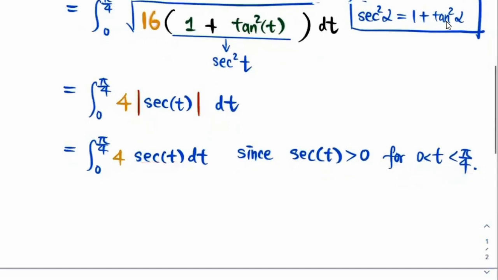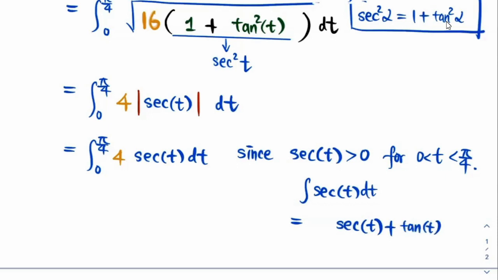Now all we have to do is, in Math 110B, we actually remember this antiderivative of secant. Let me give you the formula. The antiderivative of secant is, well, secant and tangent always go together. So it's secant t plus tangent t.